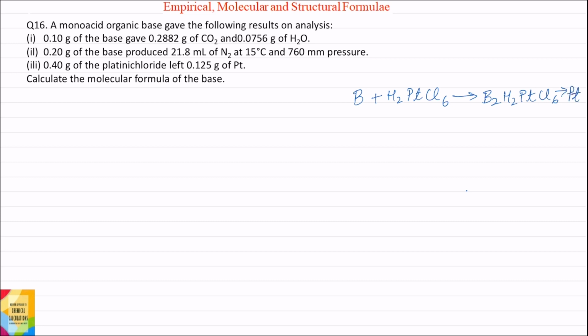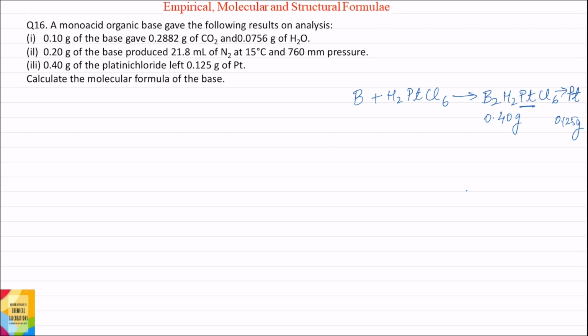Now weight of platinichloride is given as 0.40 gram. Weight of platinum is 0.125 gram. Now applying principle of atom conservation for platinum atoms. 1 mole of platinichloride contains 1 mole of platinum. So moles of platinichloride is equal to moles of platinum.